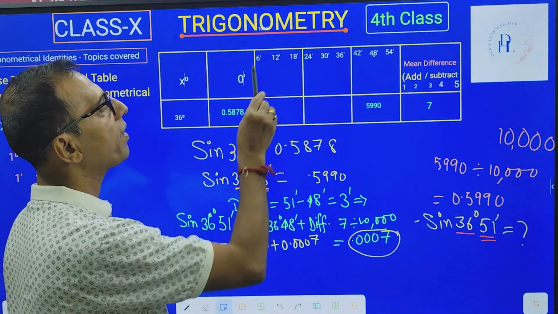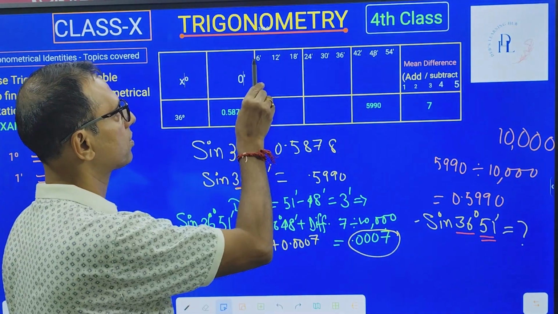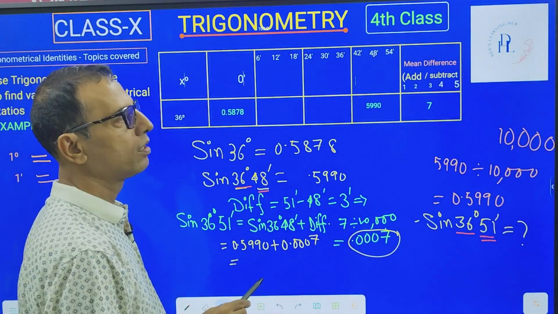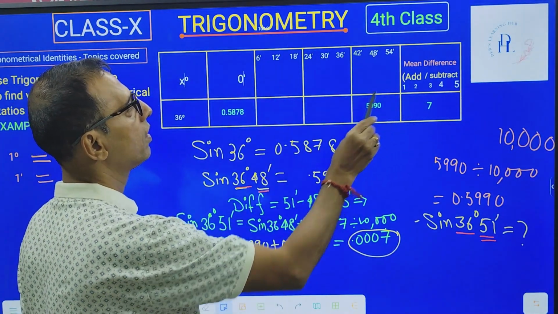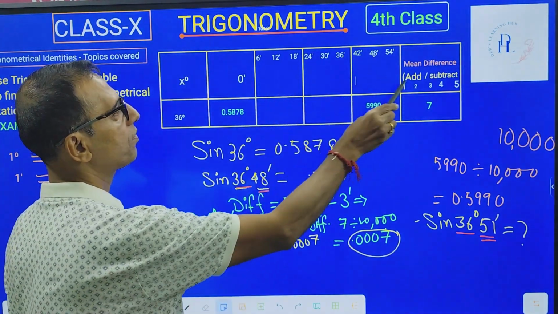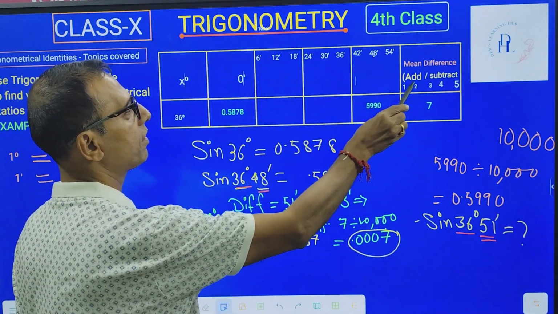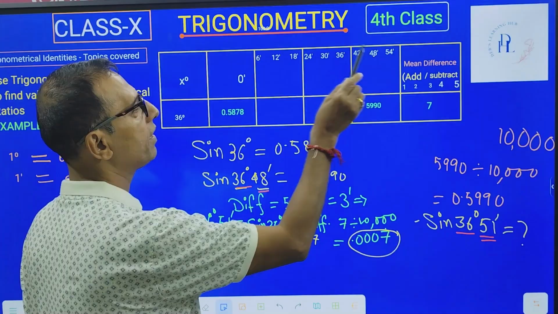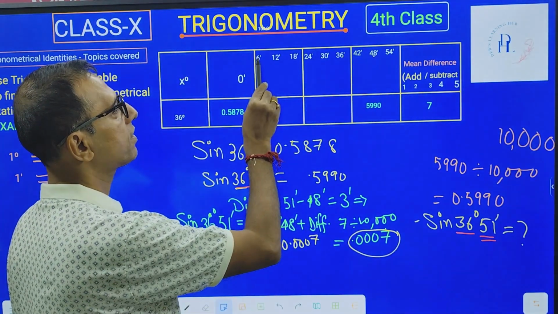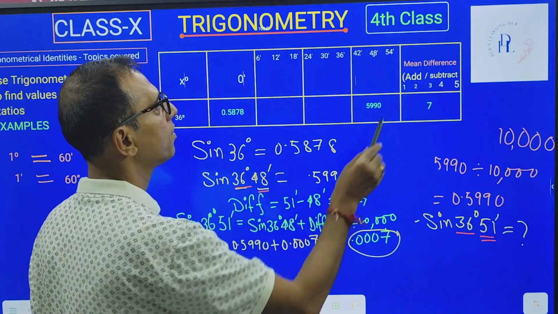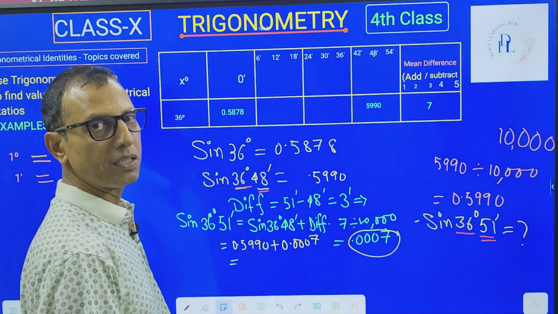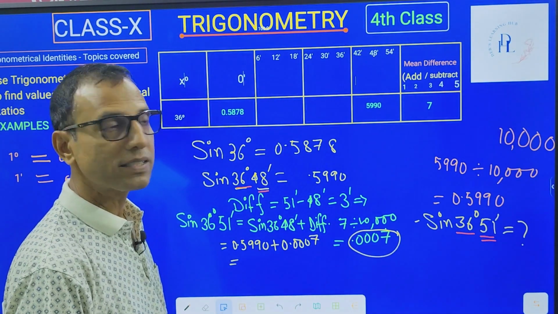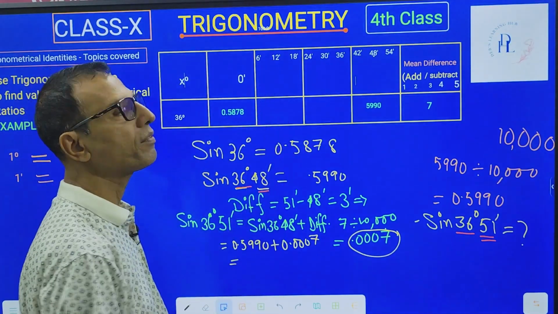That means 5 numbers are missing here with respect to minute, because after 6 it could be 36 degree 7 minute, so the difference will be 1. 36 degree 8 minute, the difference will be 2. 36 degree 9 minute, difference will be 3. 36 degree 10 minute, difference will be 4. 36 degree 11 minute, difference will be 5 with respect to 6 minute, and 36 degree 12 minute you already have the value in the main table.